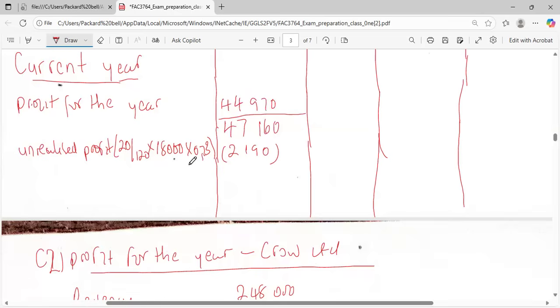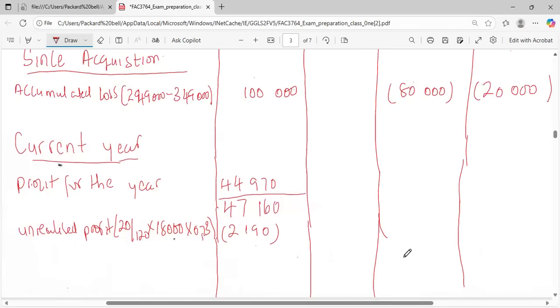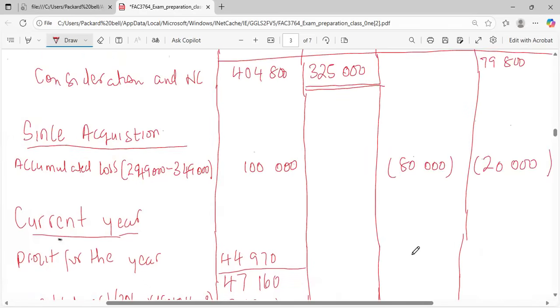You only take this adjustment if the subsidiary is the one who made profit on the sale. If it was the parent who sold to the subsidiary, you're not going to take it to the subsidiary. Then what are we going to do with this profit? You now share what belongs to the group.